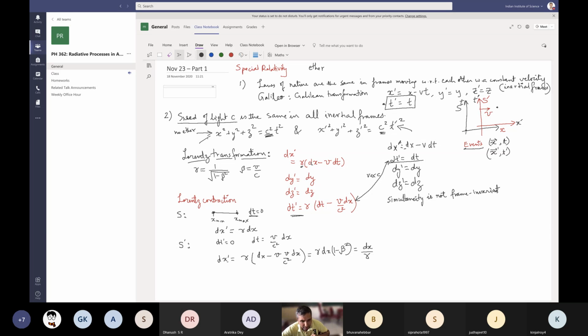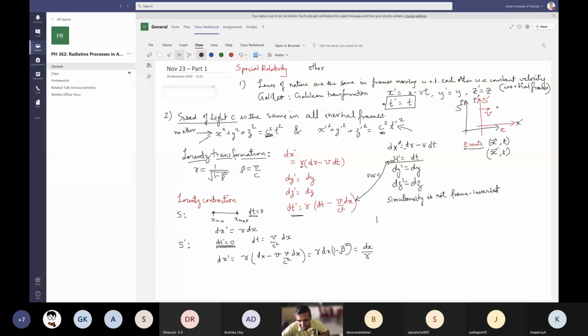So if you measure this in frame S prime, it will appear to be dx by gamma. That is, it's contracted. The fundamental point is when you define something's length, it has to be measured simultaneously in that frame. Okay, so this is Lorentz contraction.